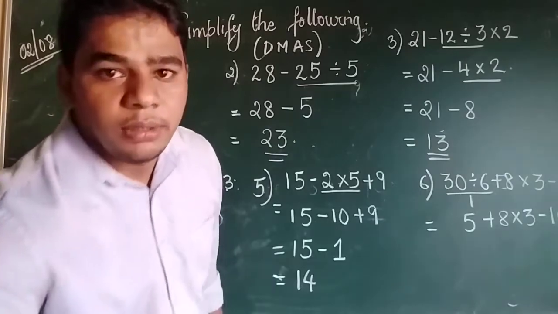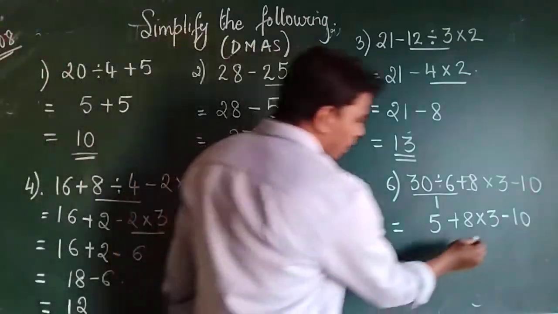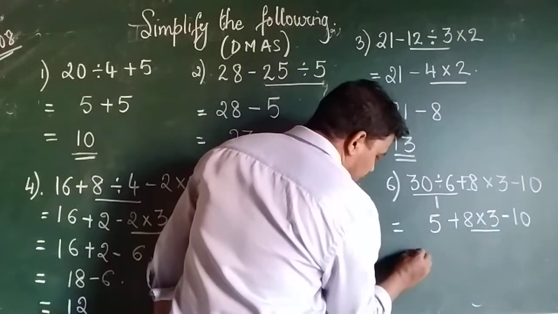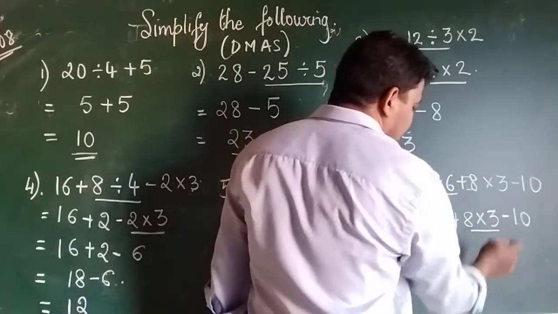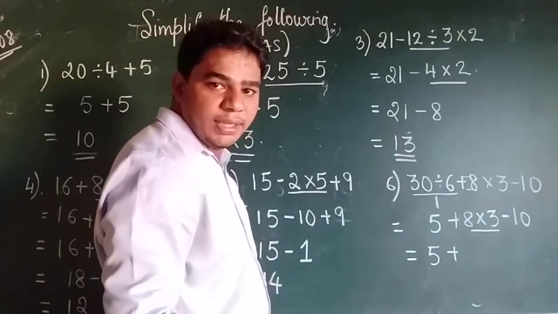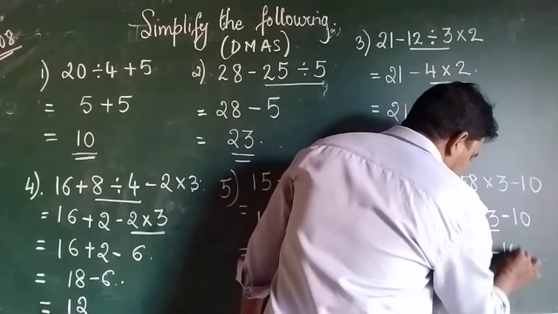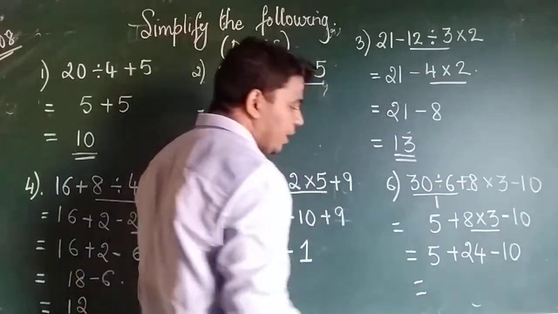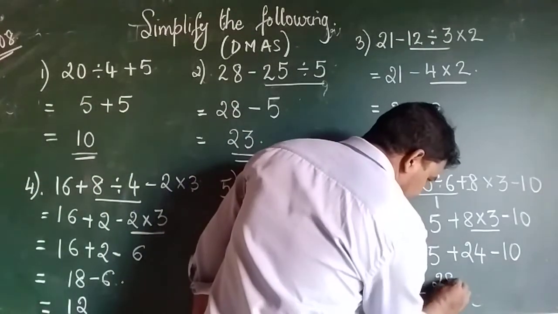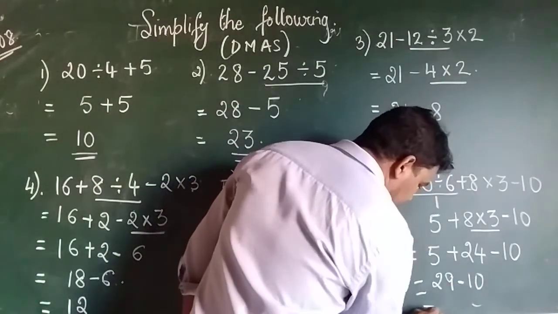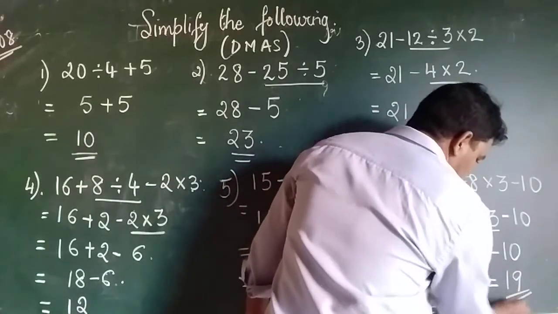Then next we have 8 3s are 24, so 5 plus 24 minus 10. Then we go for addition. 5 plus 24 is 29, minus 10. 29 minus 10 will give you 19.